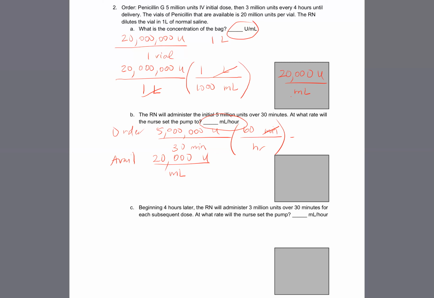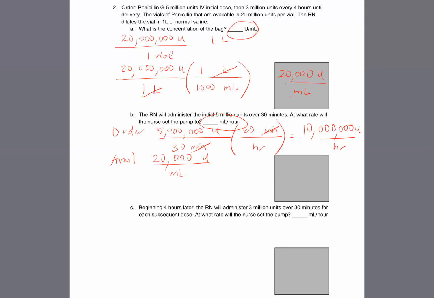So figuring this out, your minutes will cancel and you're left with 5 million times 60 divided by 30 is 10 million units per hour.